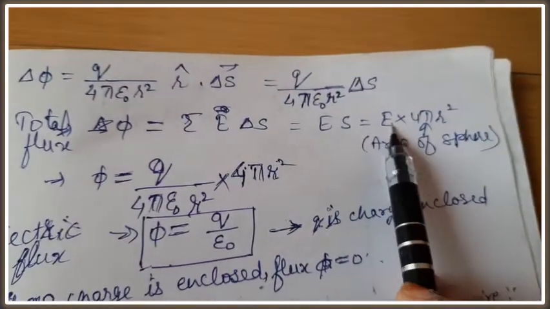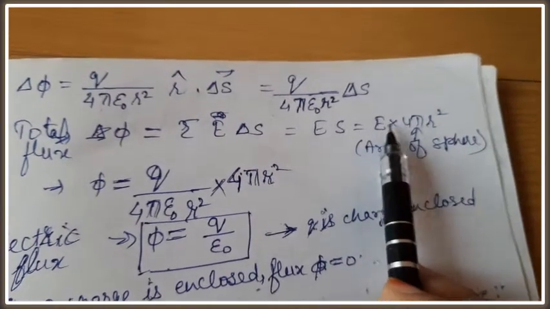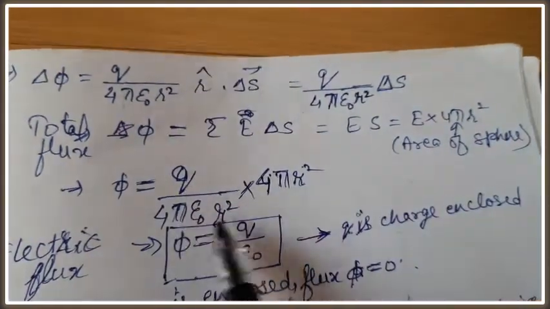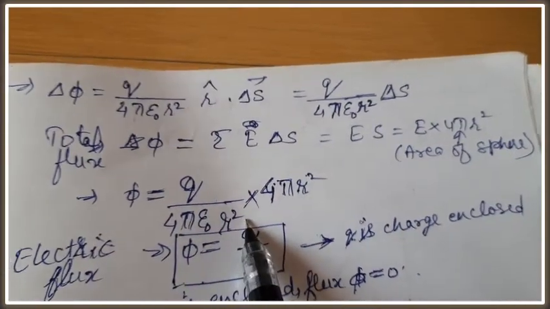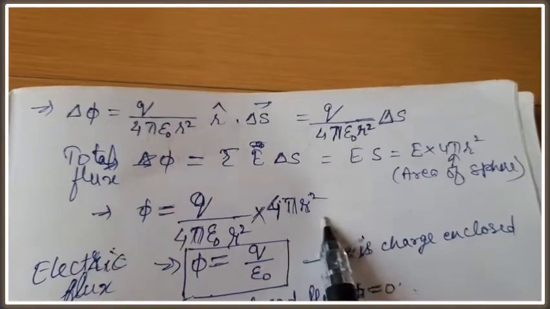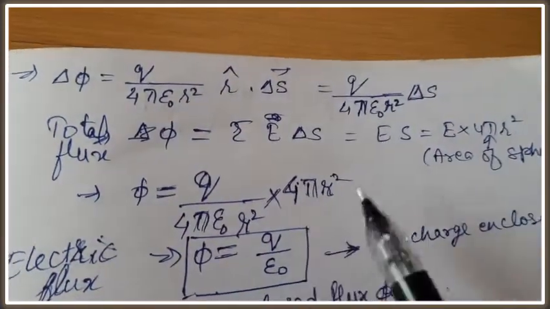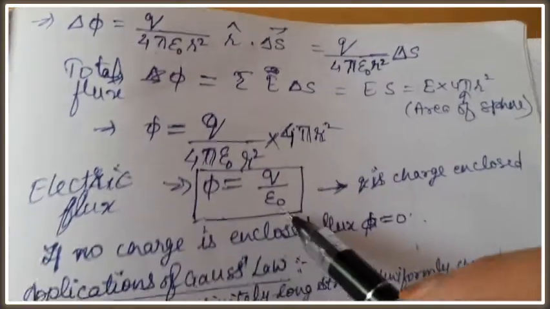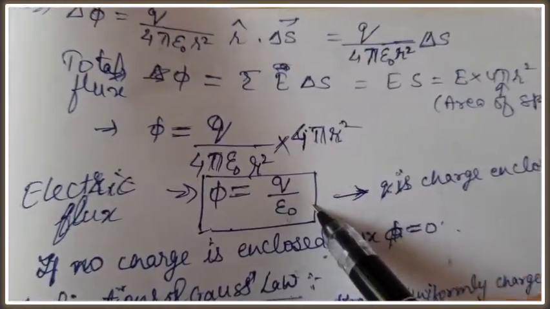So we find the total flux by multiplying the value of E with 4 pi r square. Now E is 1 upon 4 pi epsilon naught q by r square, multiplied by 4 pi r square. We solve it, and 4 pi gets cancelled, r square gets cancelled, so we get q upon epsilon naught.